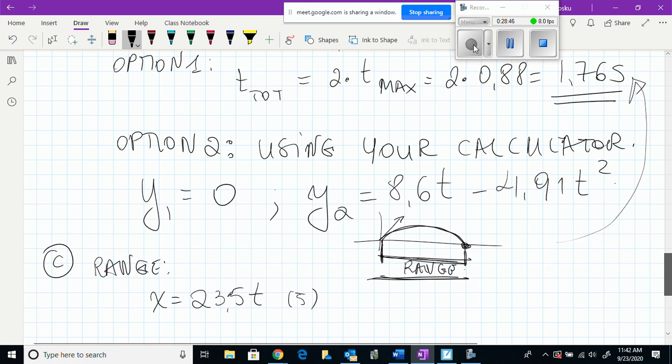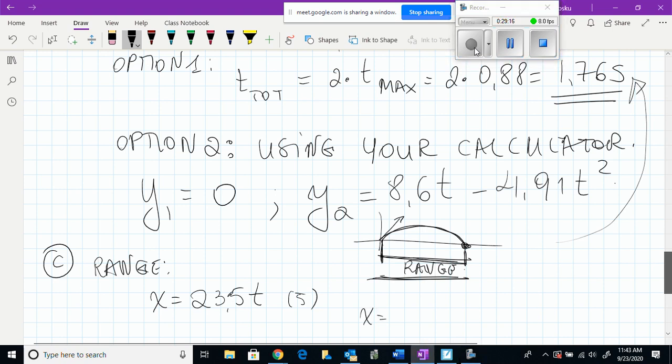Now, what is the time that you are substituting? Is it t total or t max? Yes, it is t total, because you are looking for the time that the object starts, is in the air, and hits the ground for the first time.